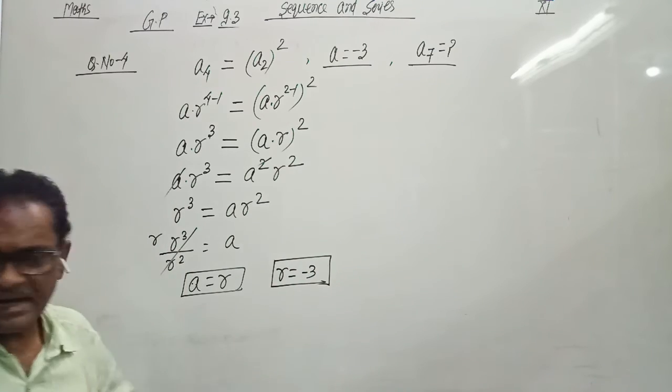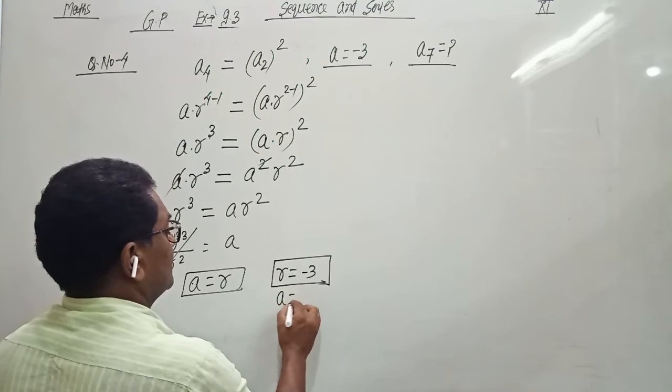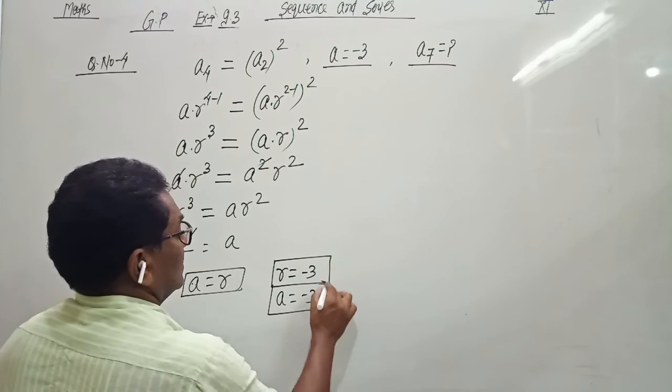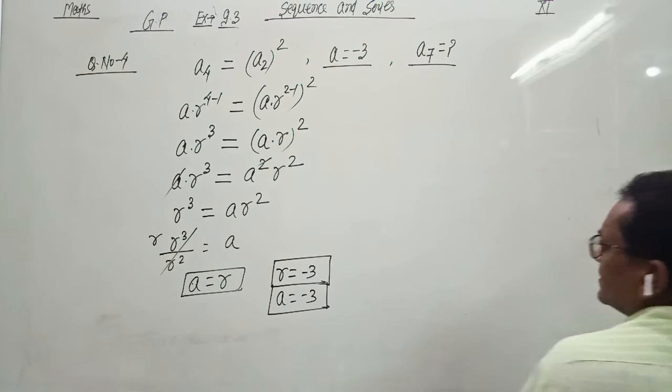The value of R is minus 3 and the value of A is given as minus 3. R and A both have the same value.